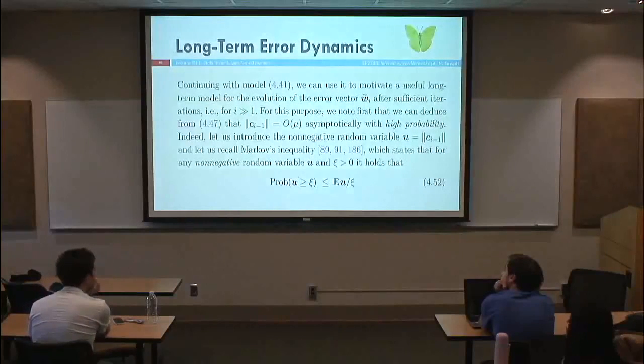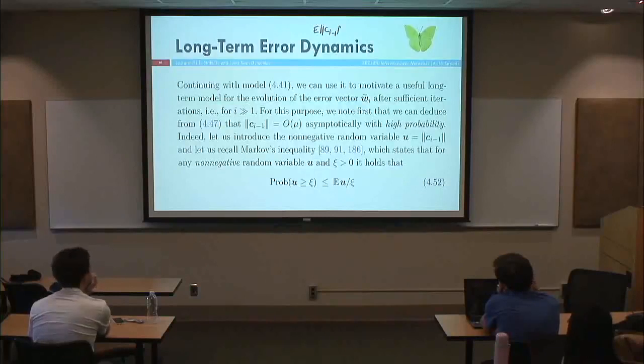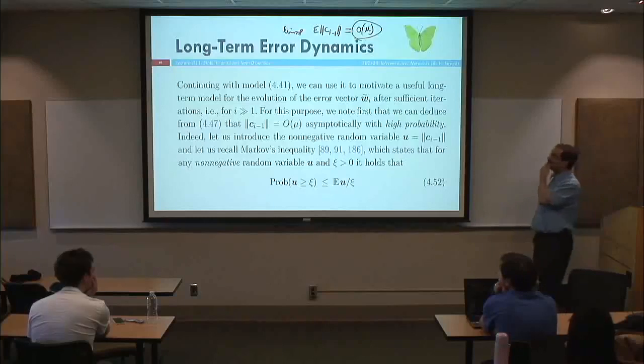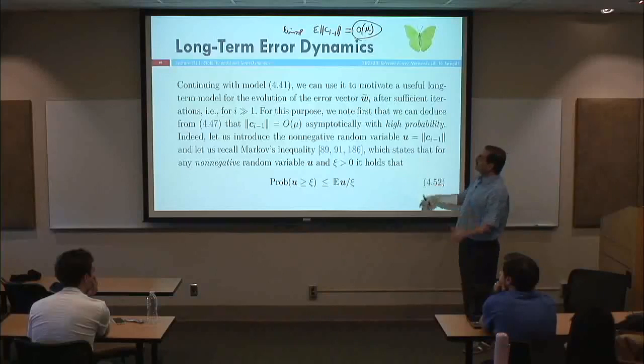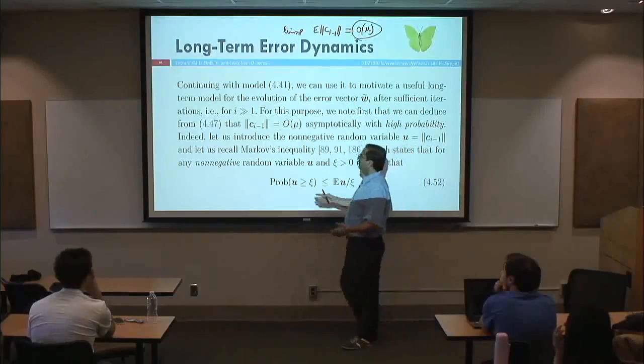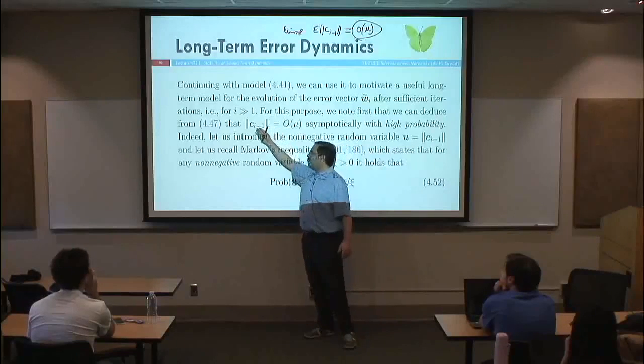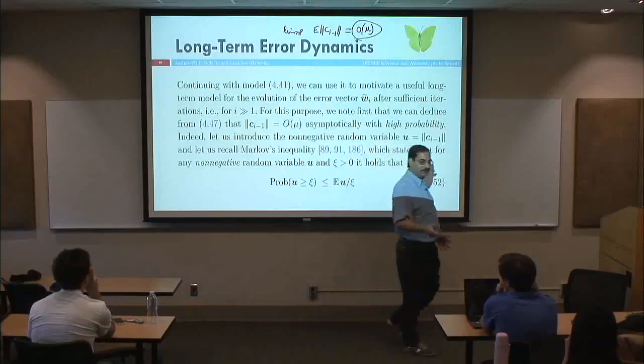I already showed the limsup of this perturbation vector. So in steady state, this enters a region of that size. If it enters a region of that size, you can argue with high probability that the norm itself will be of that size.